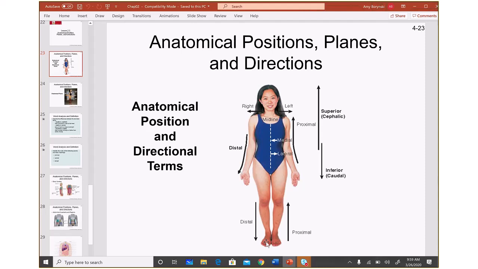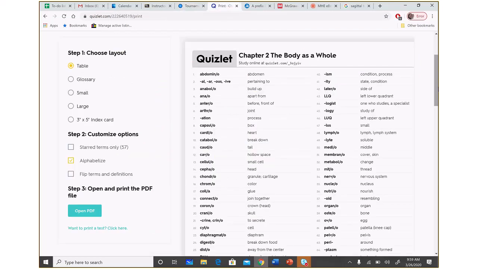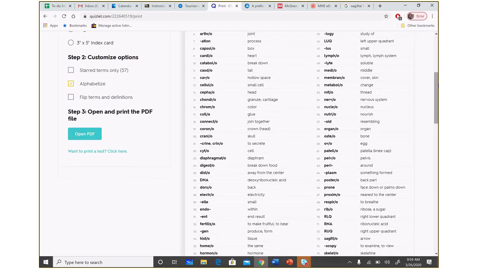This is your everyday stuff, those 2 big things. So if you had to super focus on what to memorize this weekend, these 2 things would be it. These terms are also in the word list. If you go to that Quizlet word list for chapter 2, the words I'm going to talk about are all in this word list, plus they're in that little tournament for purpose games.